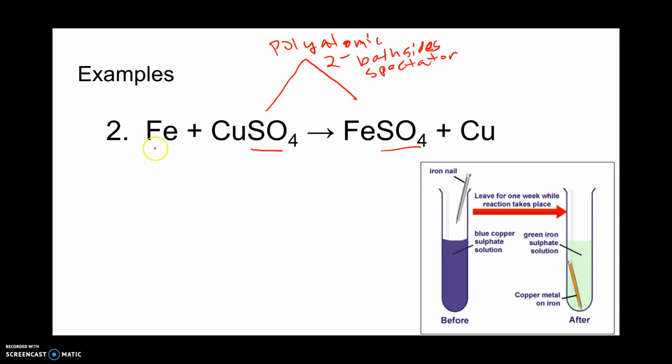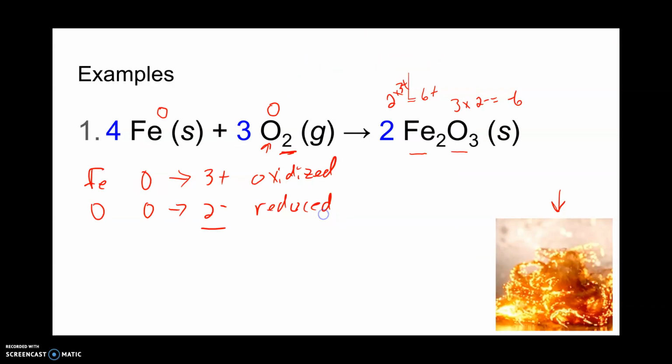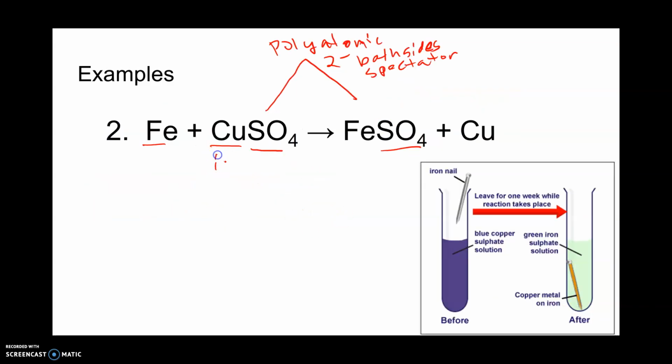So now we can focus on the iron and the copper. We could worry about charges, but we don't even really need to. We see that this is an ionic compound. That means that the metal is positive and the second part, the sulfate, is negative. So we can see that the iron is going from a 0 charge, because it's a pure element, to positive.